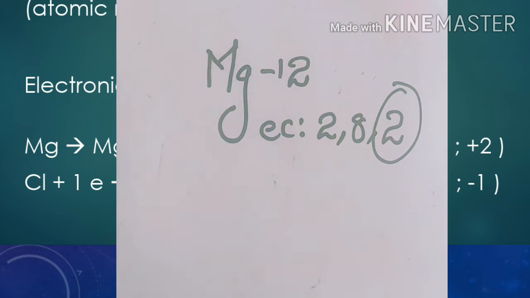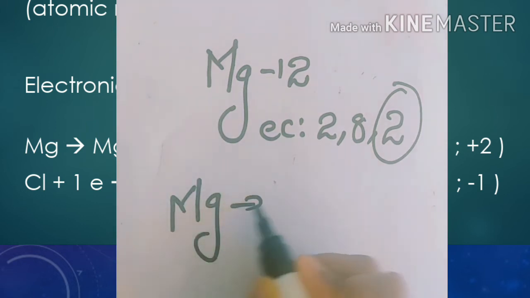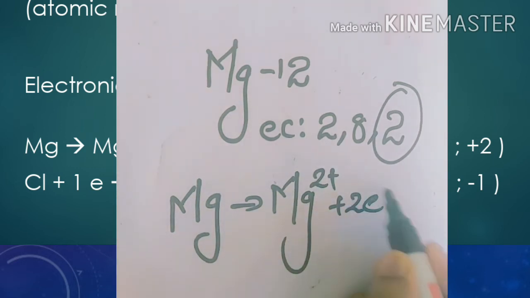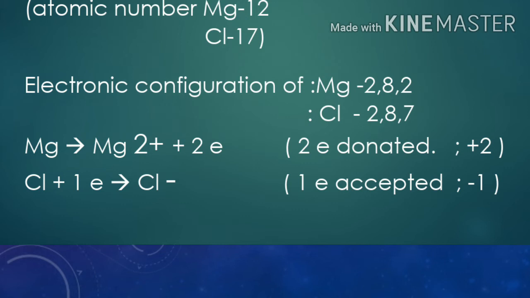But it is not easy to accept 6 electrons. The simplest way is to lose 2 electrons. So it prefers to lose 2 electrons and exist as a positively charged ion, that is Mg2+. Here we have the equation Mg giving Mg2+ plus 2 electrons.